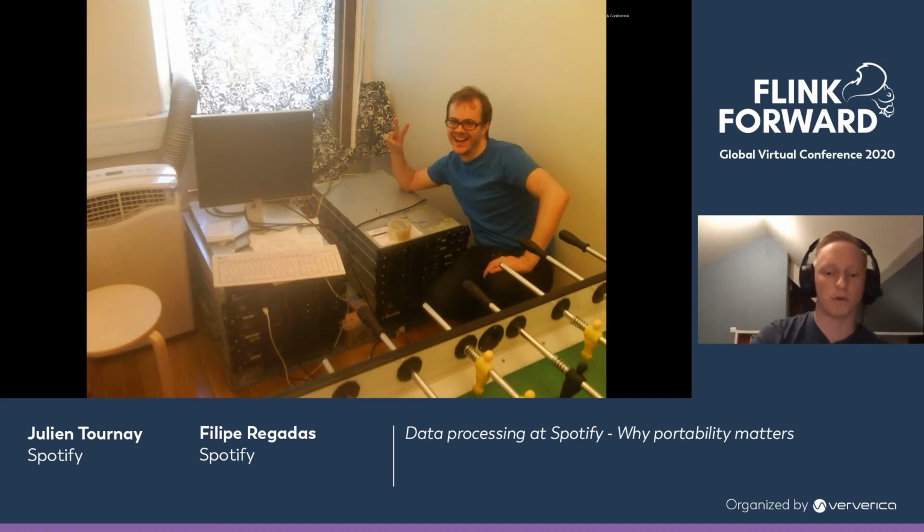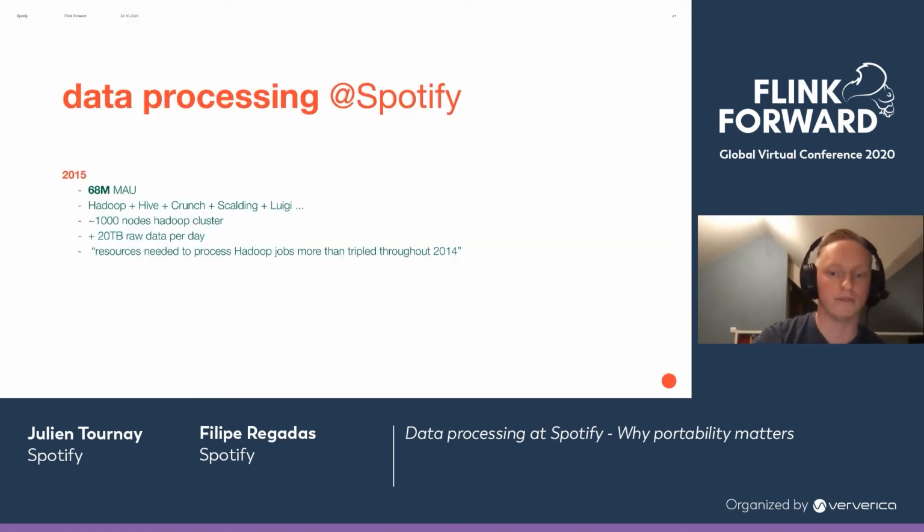Now, if you fast forward a few years, we're now in 2015. Spotify has 68 million monthly active users. It has a Hadoop cluster that has 1,000 nodes. They're using Hadoop, Hive, Crunch, Scalding, Luigi, a bunch of other tools to do data processing, and it generates about 20 terabytes of raw data every day.